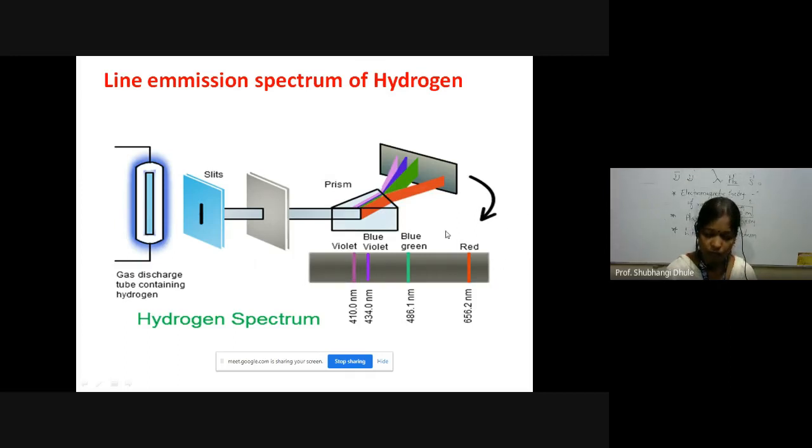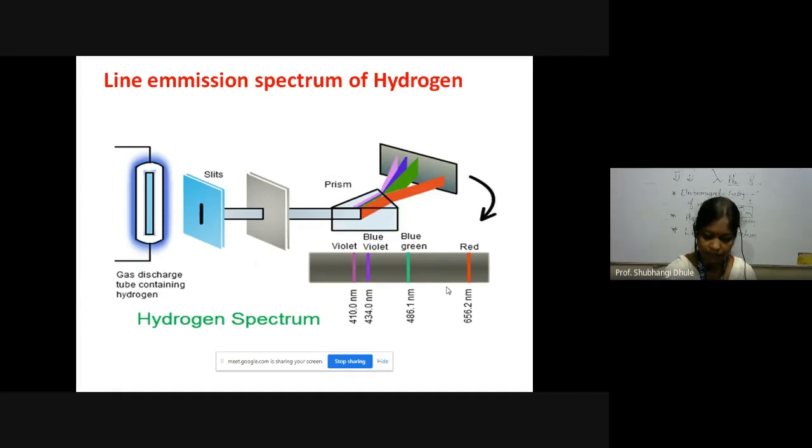Here the spectrum is observed in the visible region, and the lines have wavelengths from 400 to 650, which means these are observed in the visible region.